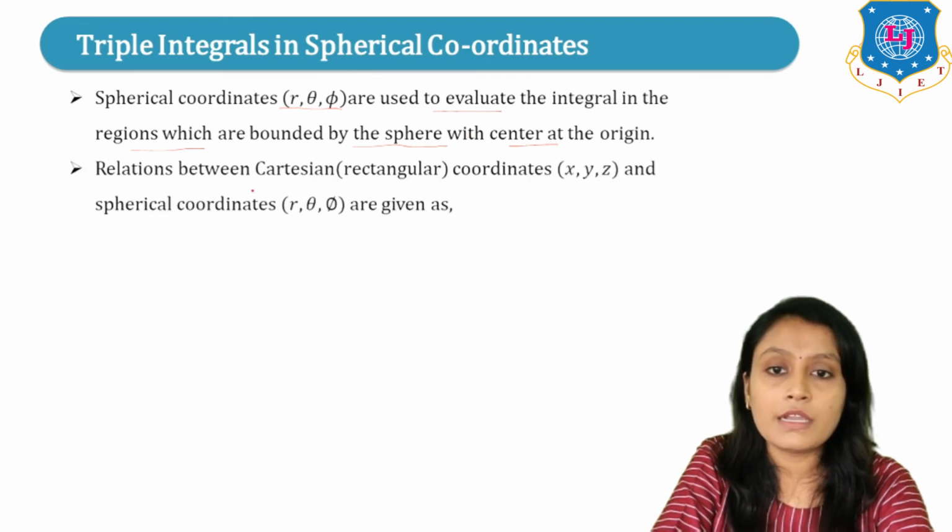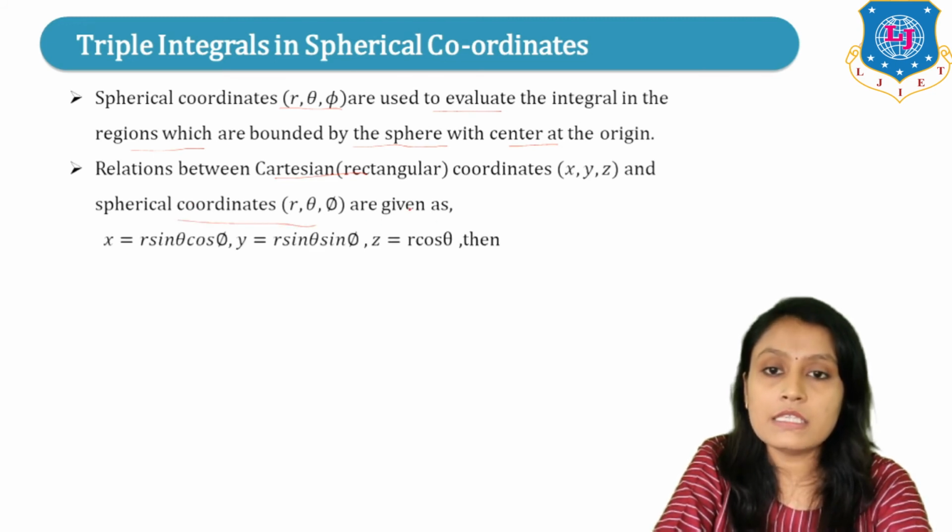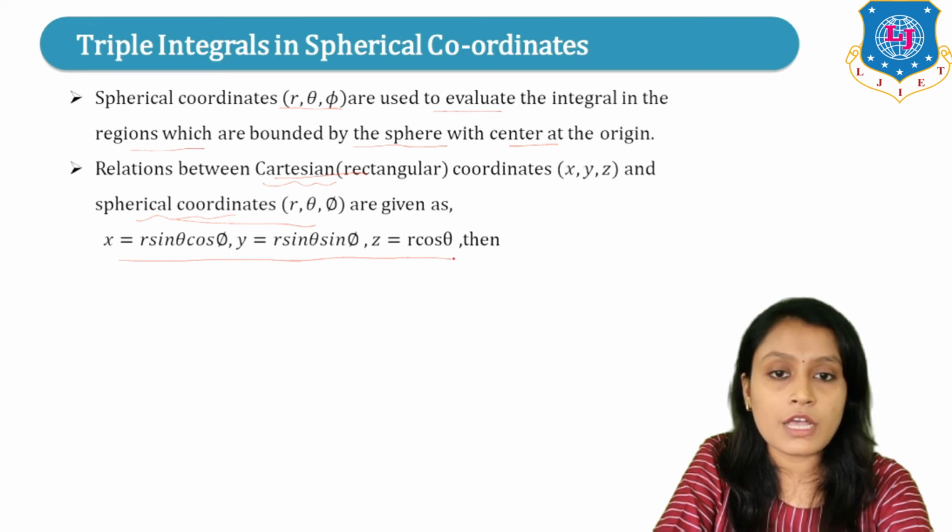Now the relation between these Cartesian coordinates and spherical coordinates are given as x is equal to r sin theta cos phi, y is equal to r sin theta sin phi, and z is equal to r cos theta. So whenever we are converting this Cartesian coordinate to spherical coordinate, we will use this transformation.